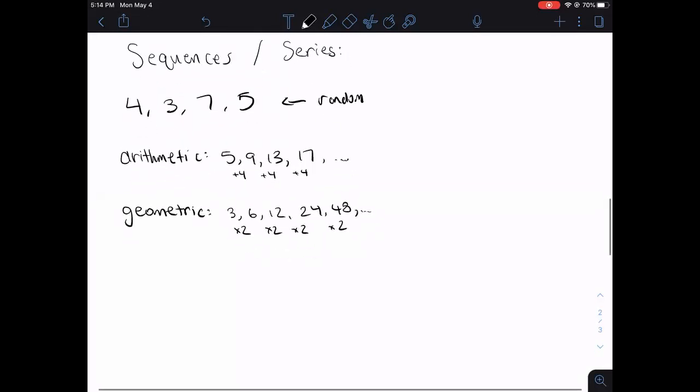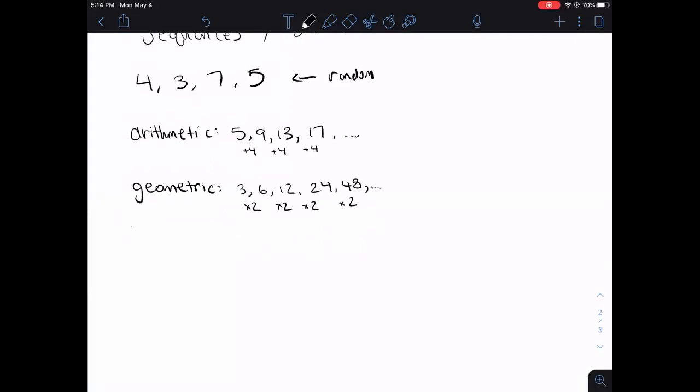And something else to note is that this number, which is the common ratio, doesn't necessarily have to be positive. It can be negative as well. So let's consider 3, negative 6, 12, negative 24, 48, dot, dot, dot. Every time it's multiplying by negative 2.